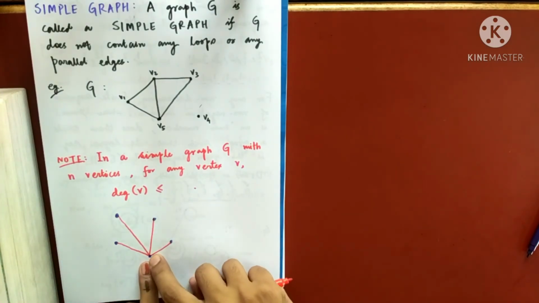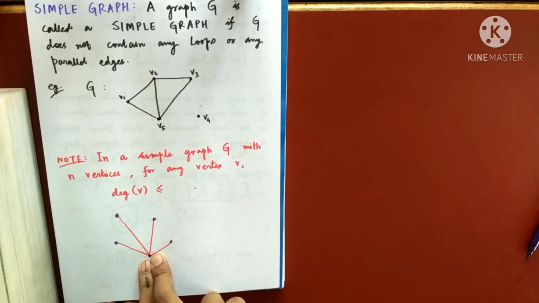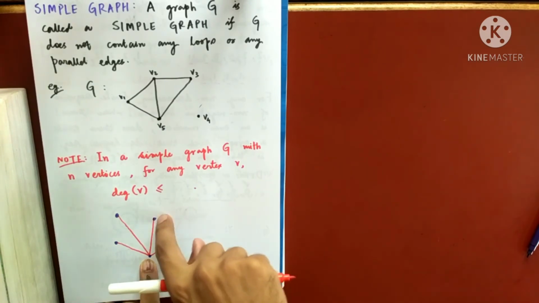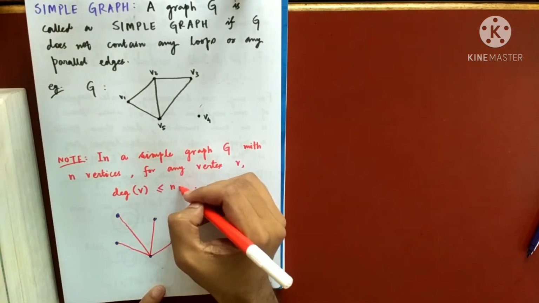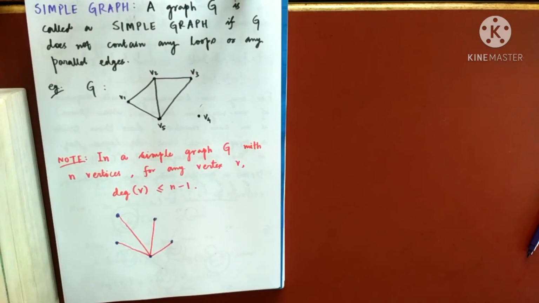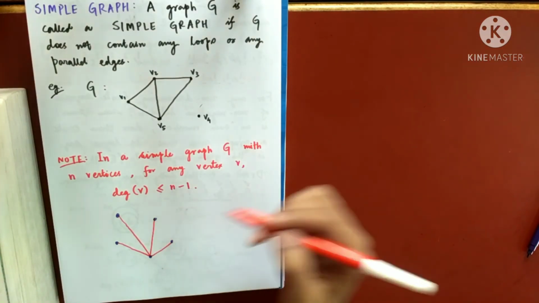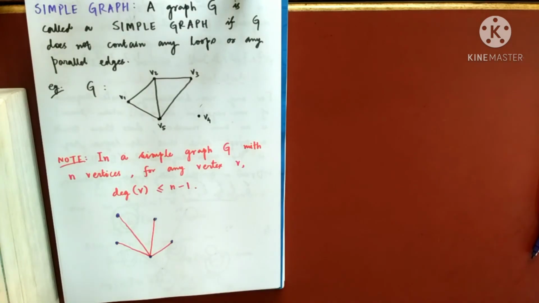So any vertex will be adjacent to at most the remaining vertices, so it will be n minus 1. Very simple. There are n vertices; choose any vertex, leaving it, it can be adjacent to the remaining n minus 1. That is the maximum you can do. You cannot draw parallel edges around it. So the degree of any vertex is bounded by n minus 1. Am I clear or not clear?